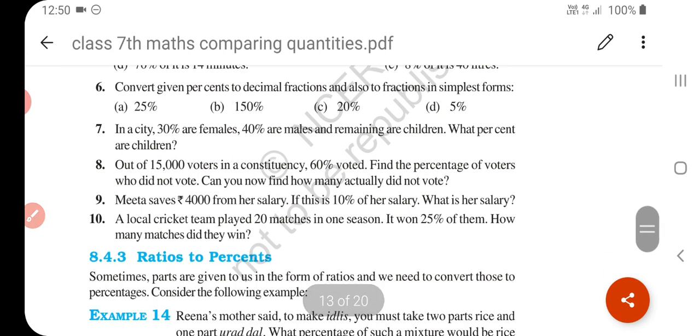Out of 15,000 votes in a constituency, 60% vote. Find the percentage of voters who did not vote. Can you now find how many actually did not vote?